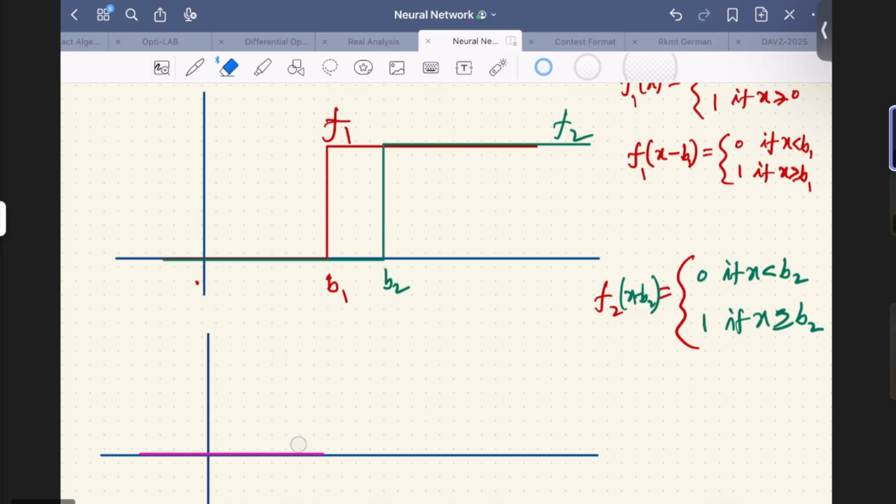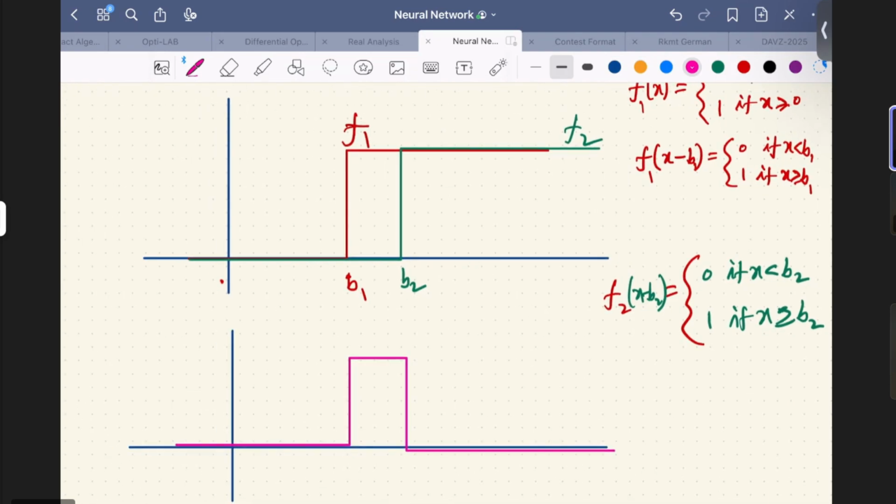At b1 it should be this one, and at b2 it should represent this one. So tell me what I have to do with f1 and f2 such that it will hinge up at b1 and hinge down at b2.